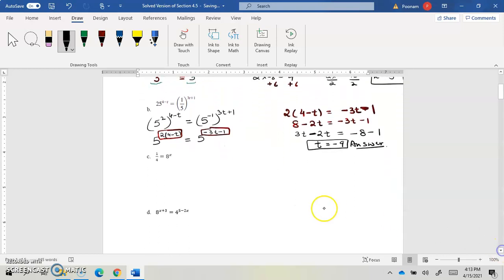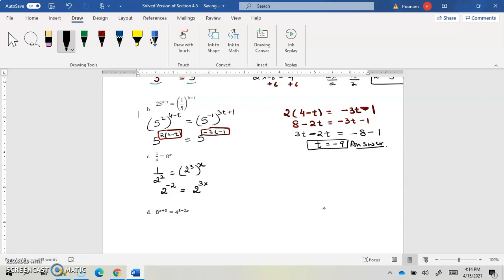Let's try one more example. 1 by 4 is equal to 8 raised to power x. How can we make both sides have the same base? So 1 by 4 can be written as 1 by 2 squared, which is 2 to the power negative 2. 8 can be written as 2 cubed, raised to the power x. Power of power multiplies.